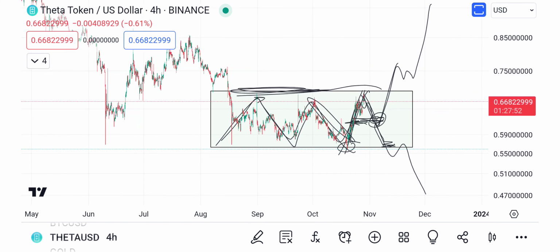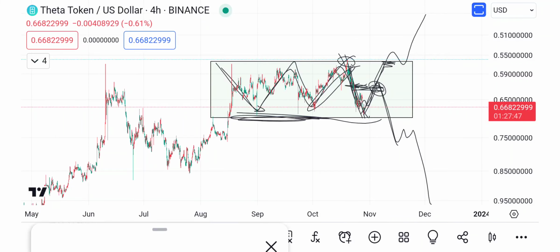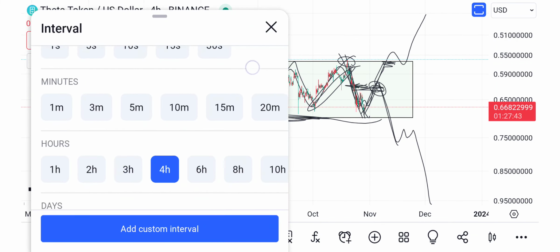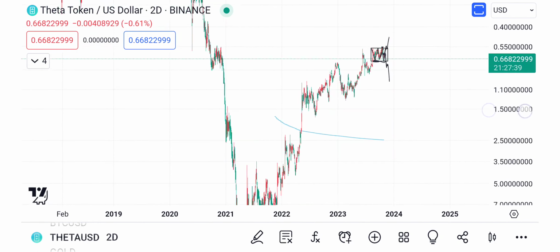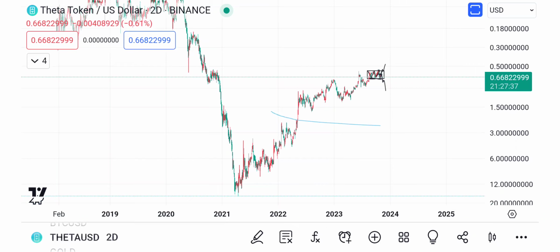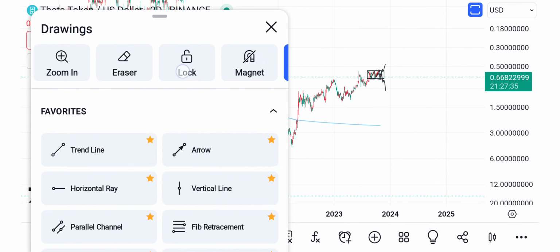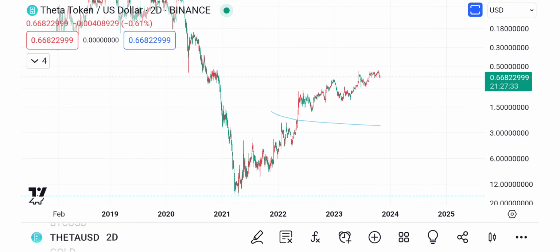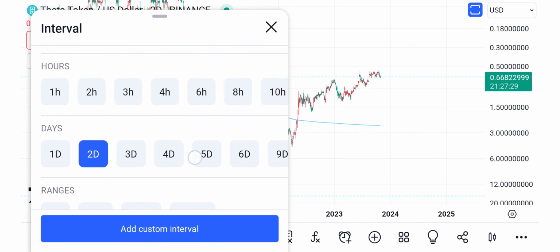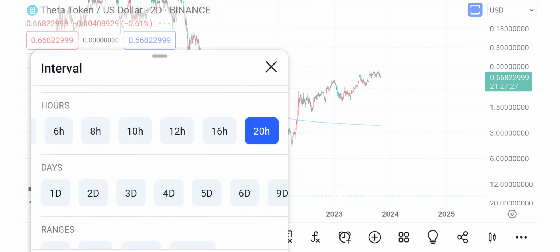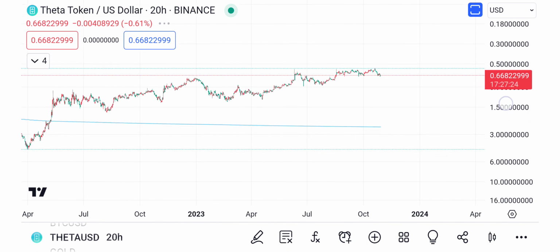But you know what? That's where discipline comes in, because all I have to do to challenge my bias is do this. Whoa, see that? What I did is I flipped the chart upside down. Sometimes it's good to challenge your bullish bias.